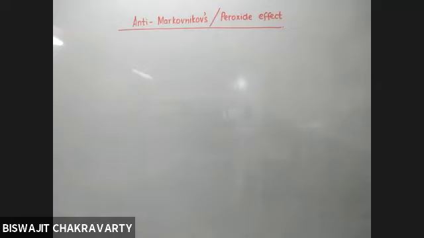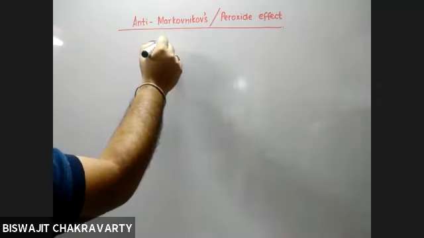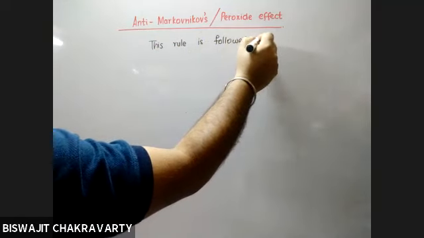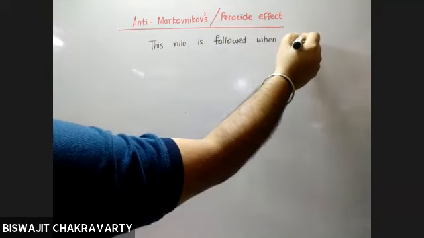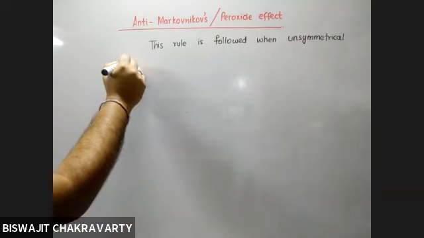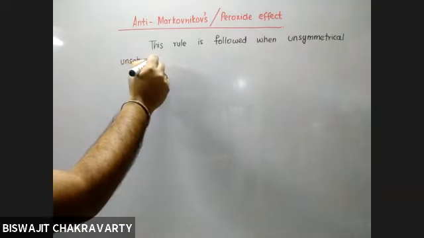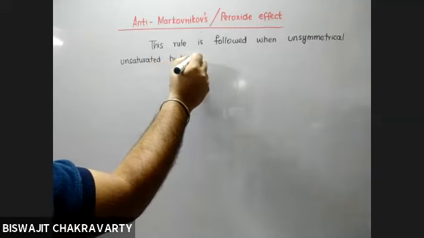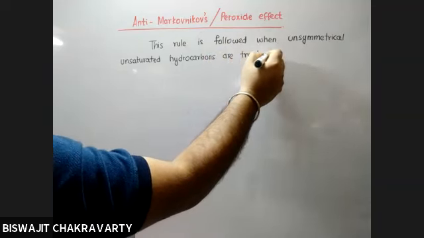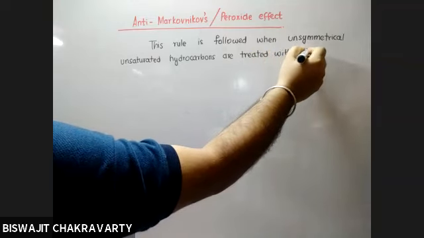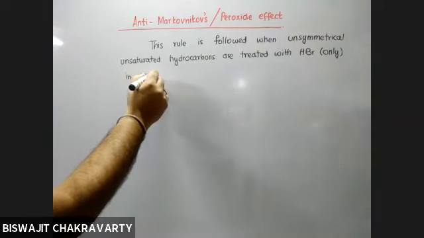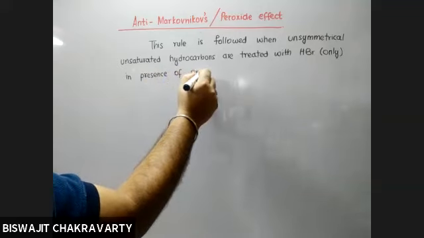So let me tell you, this rule is followed when unsymmetrical unsaturated hydrocarbons are treated with HBr only, in presence of organic peroxide.